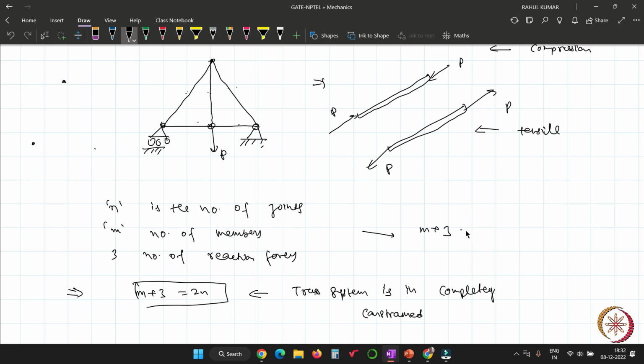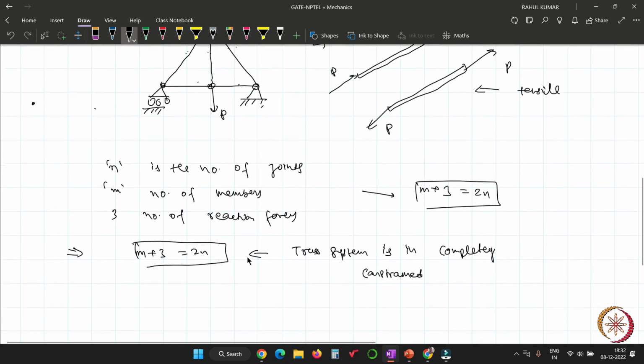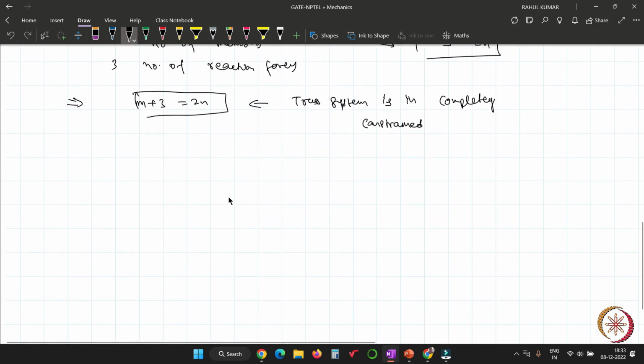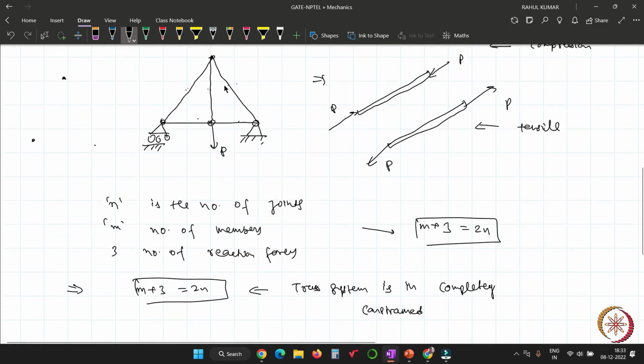So if m plus 3 equals 2n, then the number of variables is exactly equal to the number of equations, and then definitely the truss system is completely constrained. You got it? Yes, sir. Okay, so let's check this.